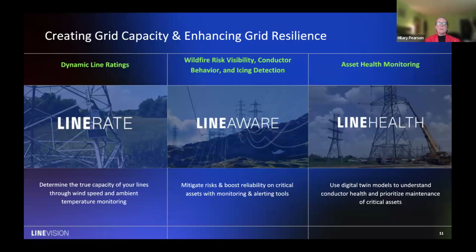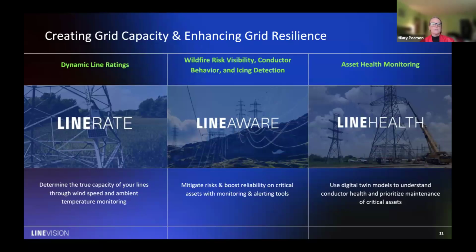There are ampacity limits on transmission lines because of the thermal properties of the conductor or of the line itself. So if a conductor is overloaded, it can overheat, it can exceed its maximum operating temperature, that can potentially result in line failure. And because of this risk, utilities have traditionally applied a static rating for a line, meaning a fixed amount of current that can flow through the line based on static, unchanging, and often conservative assumptions.